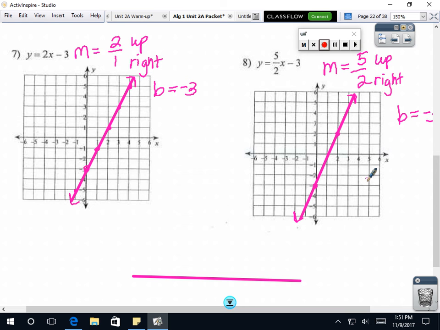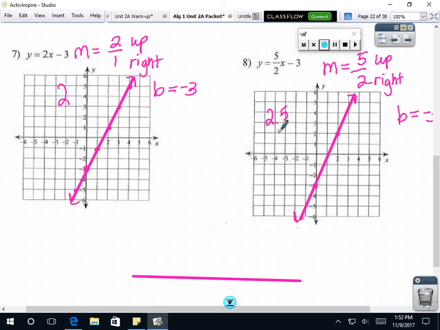Number 7 or number 8? Why? They're very close, but look, this is a slope of 2, right? Slope of 2. This is a slope of 2.5. 5 over 2 is 2.5. Isn't that a little bit bigger than that? So this is a little bit steeper, but it's hard to tell because those numbers are so close.